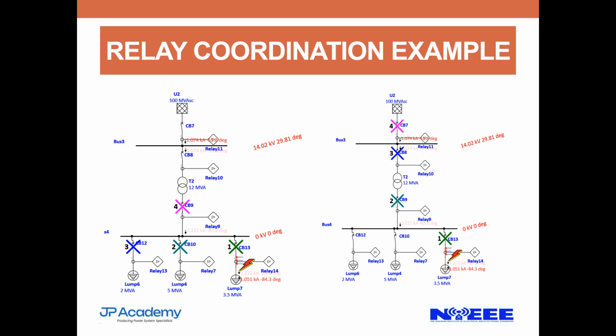According to my understanding, diagram 2 is correct because the feeder breaker is coordinated with the feeding breaker of the bus, and then to the feeding breaker of the transformer, and then to the feeding breaker of the second bus. So diagram 2 is correct according to selectivity and relay coordination.